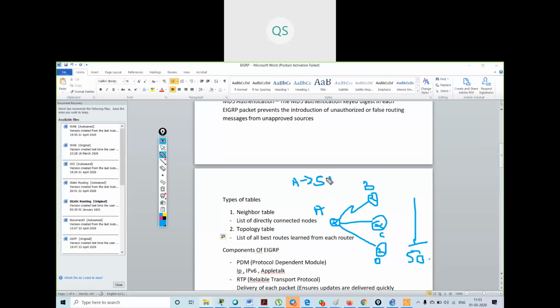Then these B, C, and D are the three routes available to reach the 50 dot network.